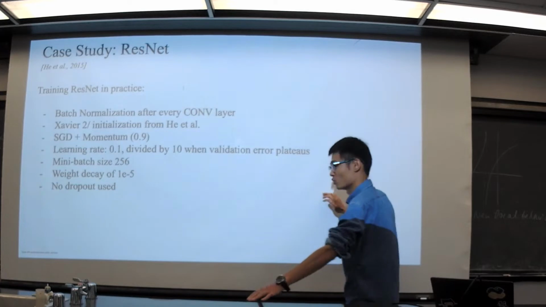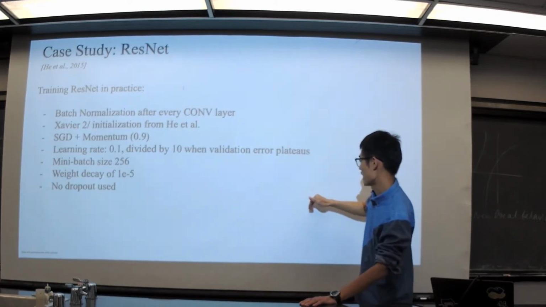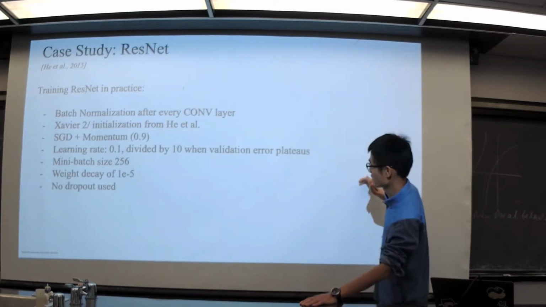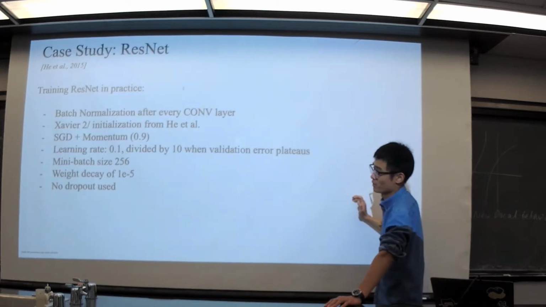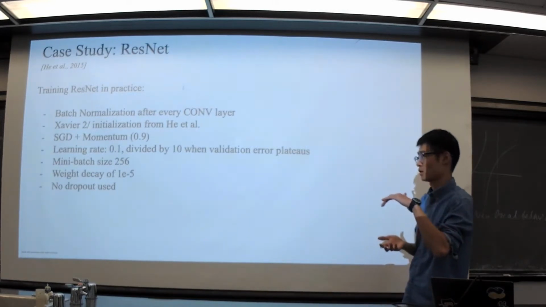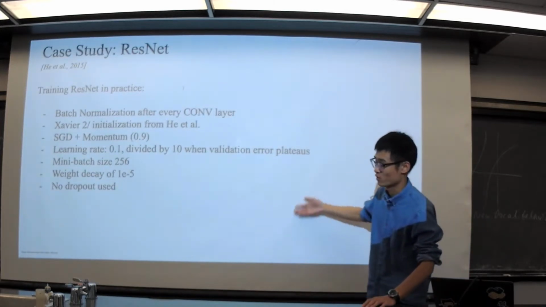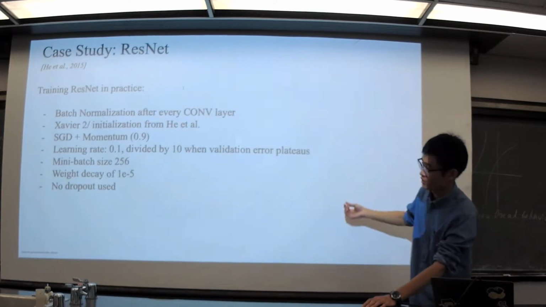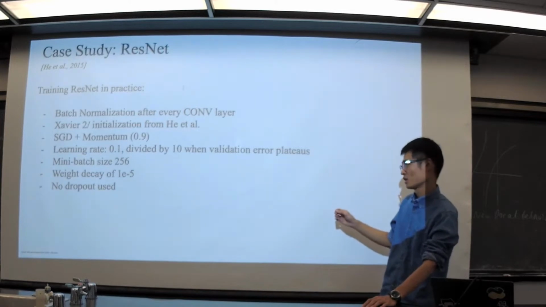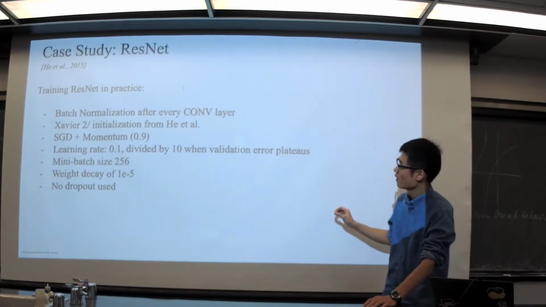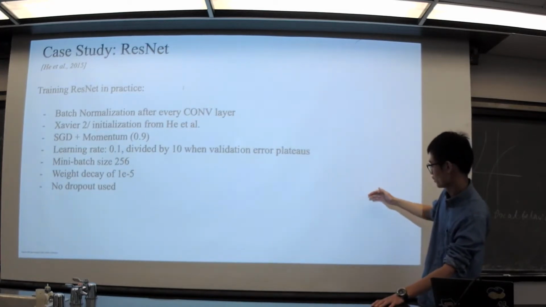If your validation is stable from epoch to epoch, like from iteration 10 to iteration 15, your validation error has not decreased, we assume maybe your learning rate is too big for this level. So we need to reduce the learning rate to make the network learn some tiny differences. And in this way, we can make the validation get better.